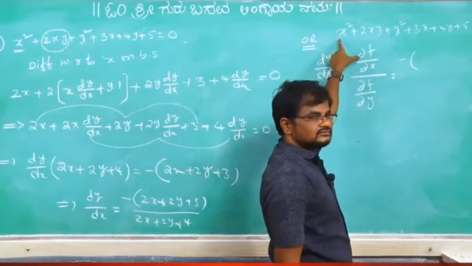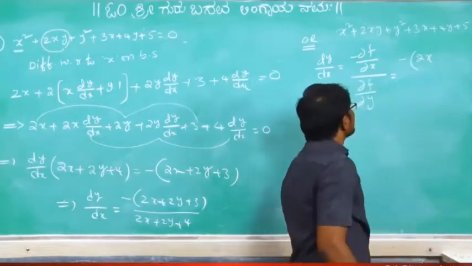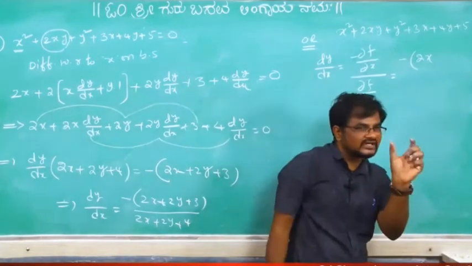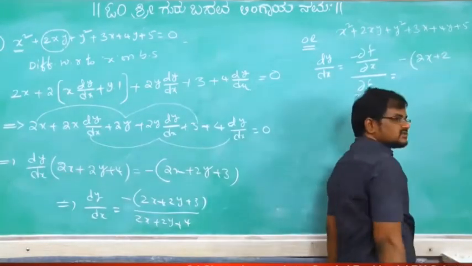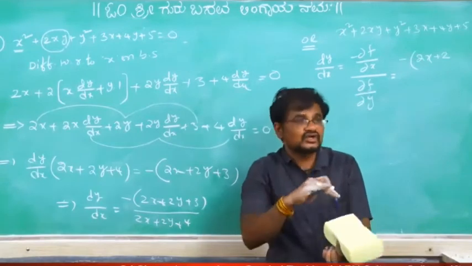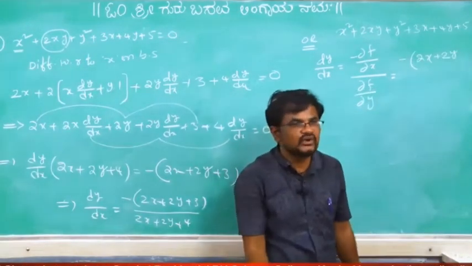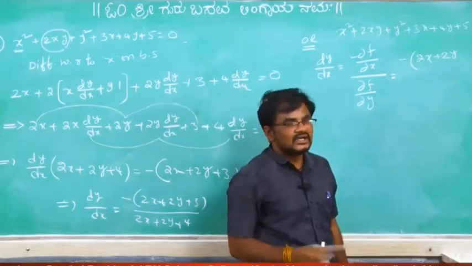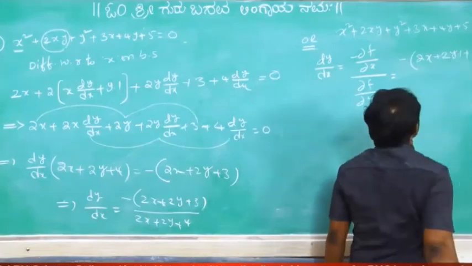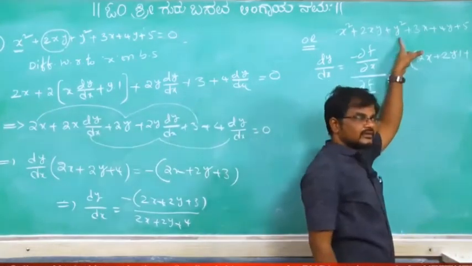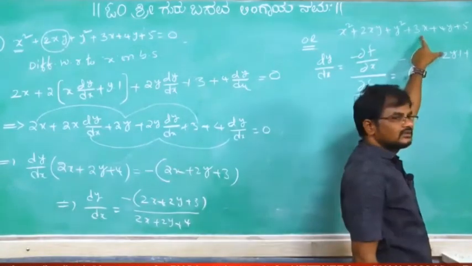So x square variable only with respect to x means 2x we will take, and in this one, what are the constant values? 2 already constant, and we taken y also constant, means 2y constant. Now we have to do the differentiation with respect to what? x. Differentiation of x with respect to x is 1. So it is 1 plus, this is total constant term only 0, and here 3.